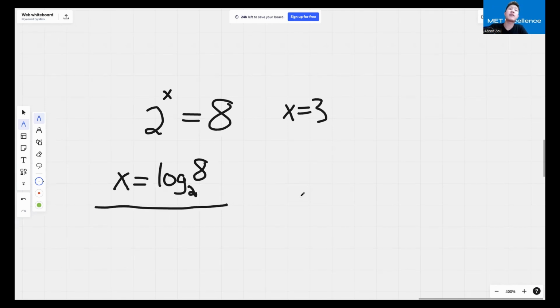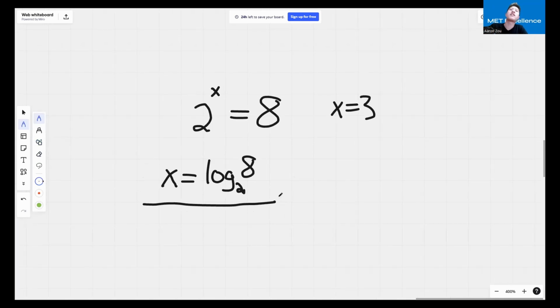And this basically means that you're trying to find some value of x that when 2 is raised to x, it equals 8. So this is just a way to write Charlie's game in one neat little notation.